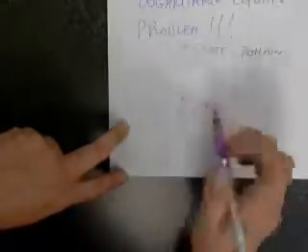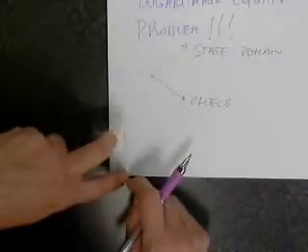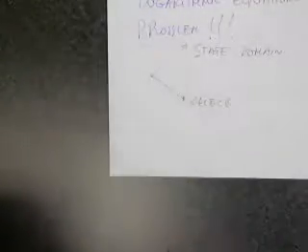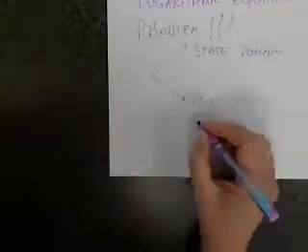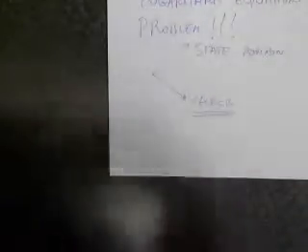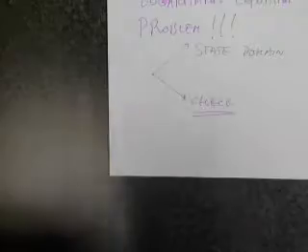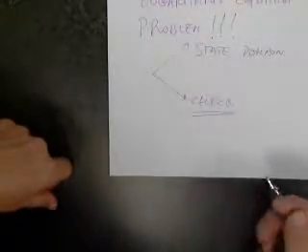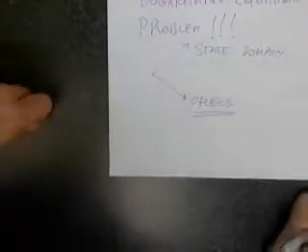But you must use one or the other. It's mandatory. If you don't like to state the domain, that's fine. But if you forget to check your possible solution in the original problem, then you're not completing the problem. You don't have a complete solution.